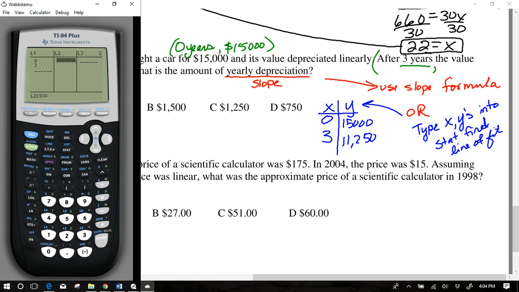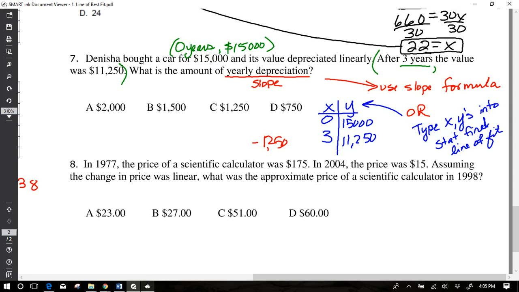Over to L2, type in the 15,000, enter, type in the 11,250, hit enter, hit stat, over to calc, 4, enter a bunch of times, and then I get that my slope is the A value, negative 1,250.